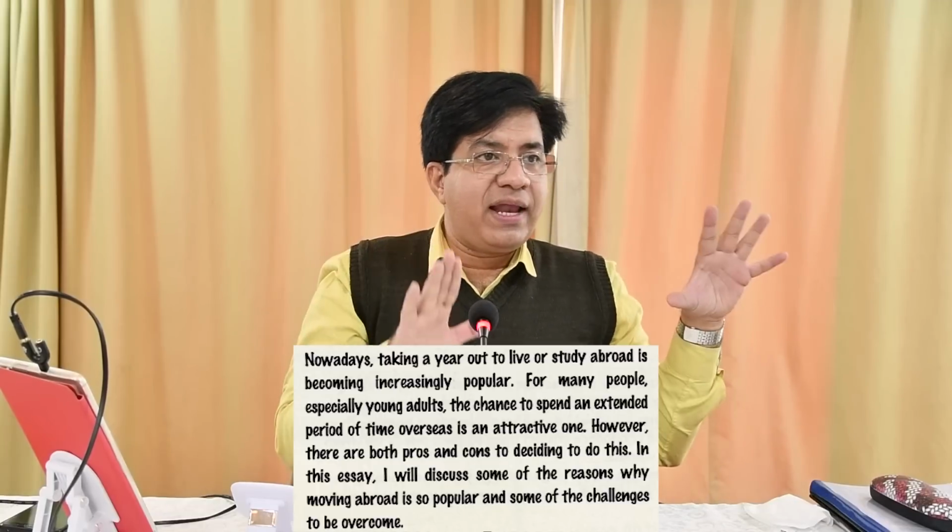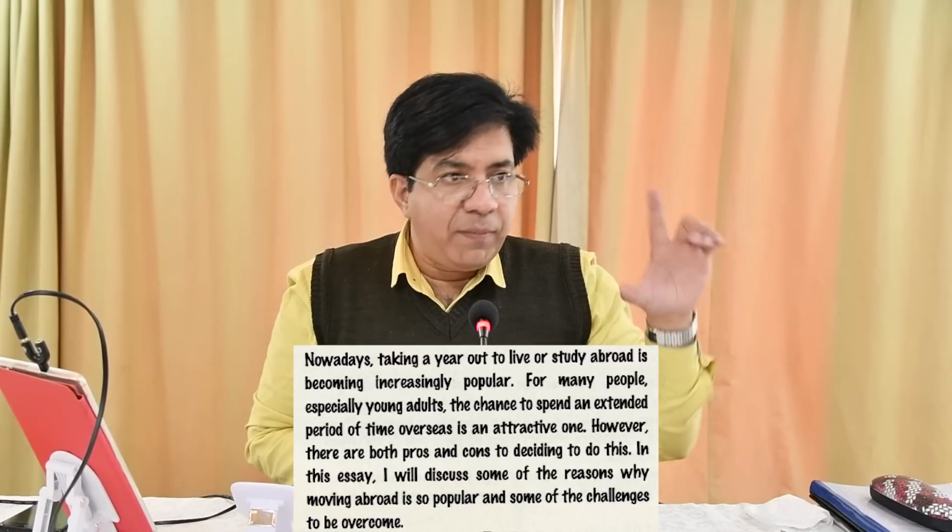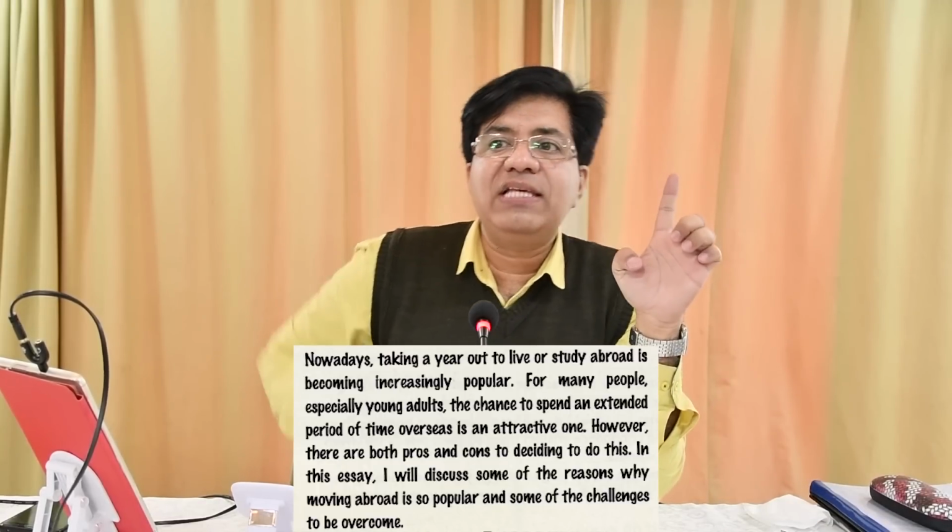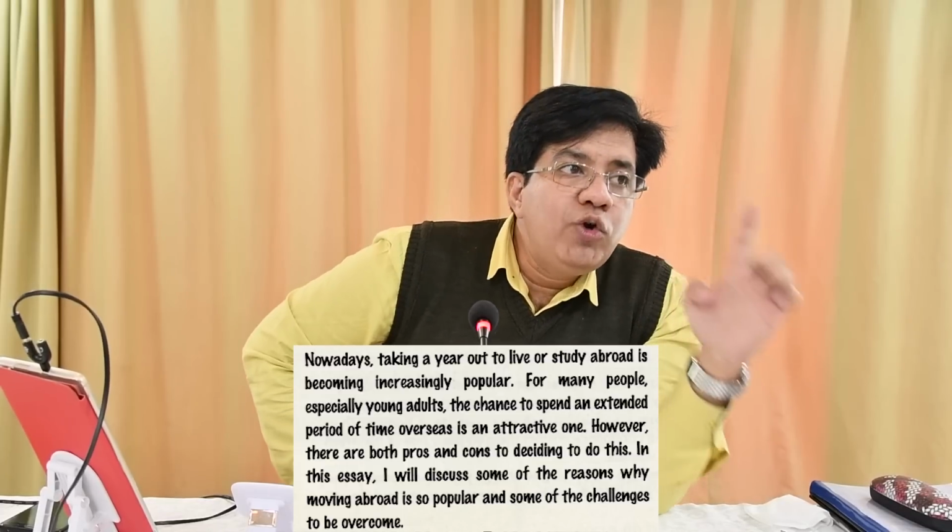Now, in the first paragraph, you are going to talk about one advantage. Listen, you always get a good band score if you elaborate your idea. If in my advantages and disadvantages essay I write 10 advantages and 10 disadvantages, I will not be able to get a good band score. But if I write only 2 advantages with proper elaboration and explanation, I will get a good band score.